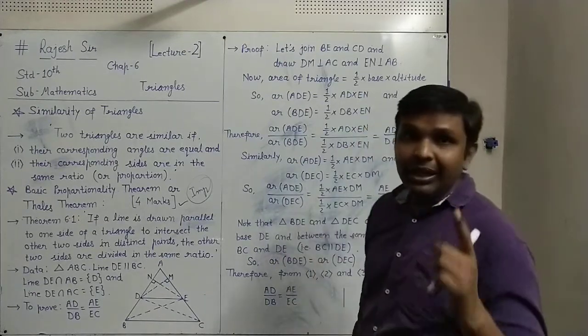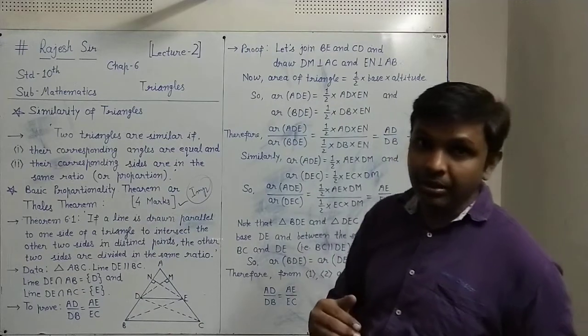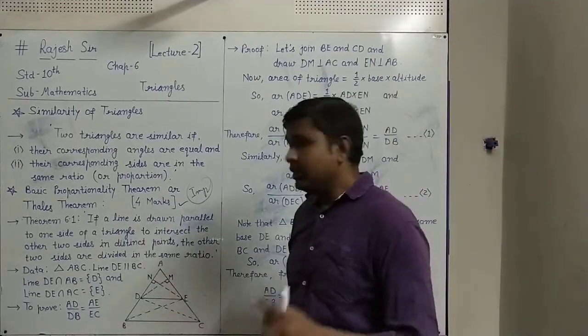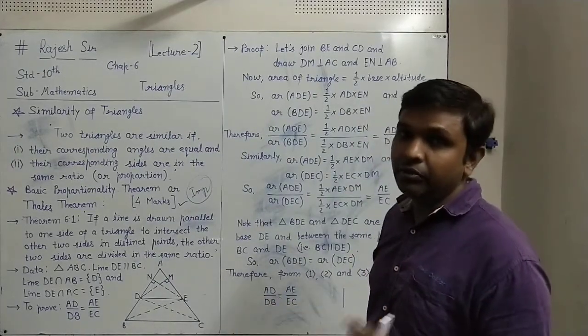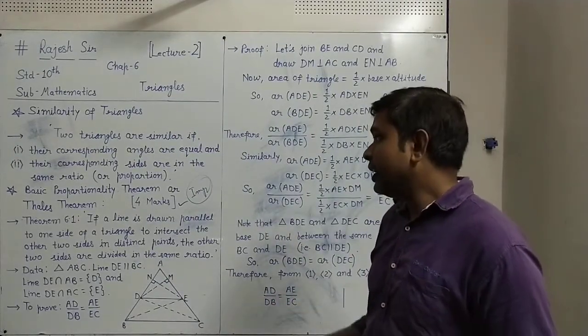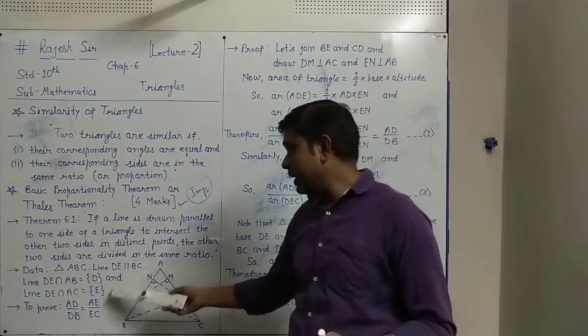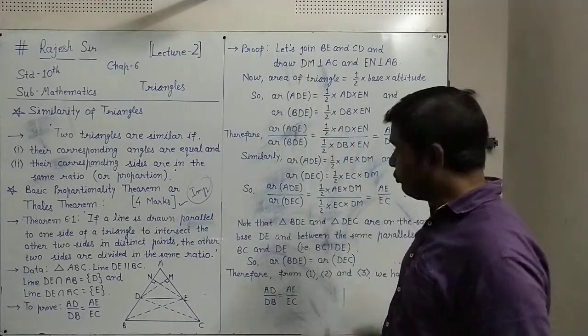If it is asked to state and prove the basic proportionality theorem, the statement will carry 1 mark. You have to write this statement to get 1 mark. The rest will be 3 marks. In that, the data, what is to be proved, and the figure will be 1 mark, and the remaining proof will be 2 marks.